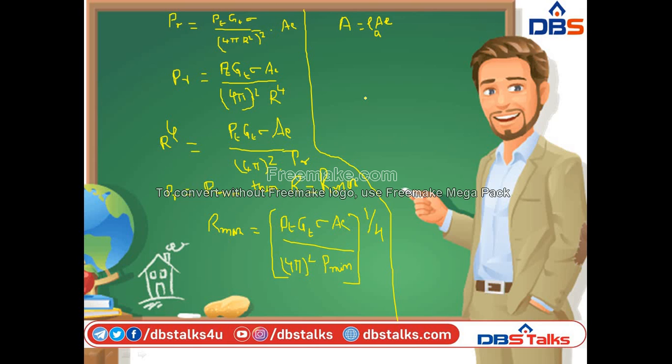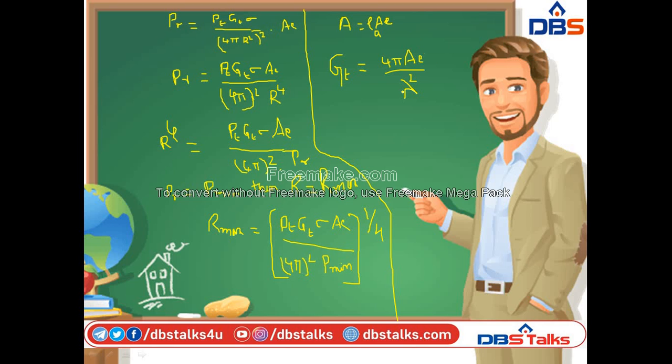So according to antenna theory, the relationship between antenna gain and the effective area of the receiving antenna is given by GT. That means this antenna gain with respect to effective area is given by GT equals 4 pi AE by lambda square, where lambda is the wavelength.